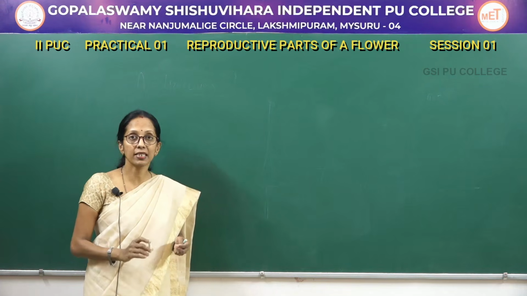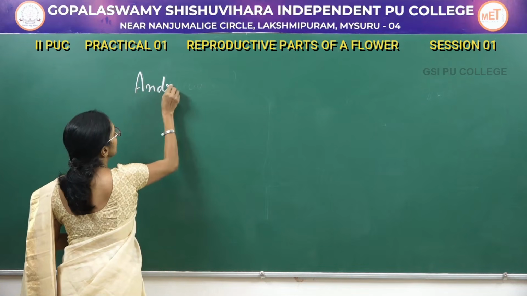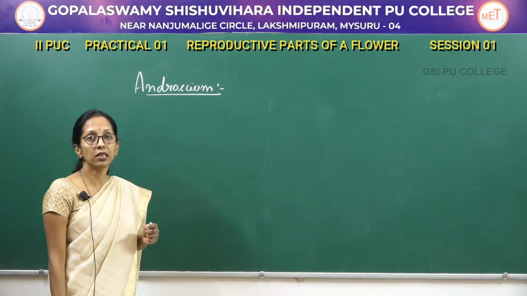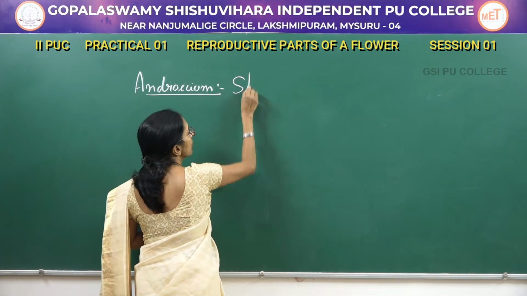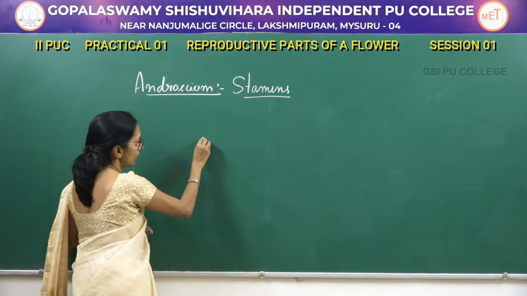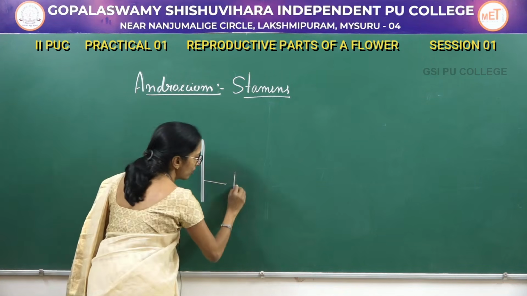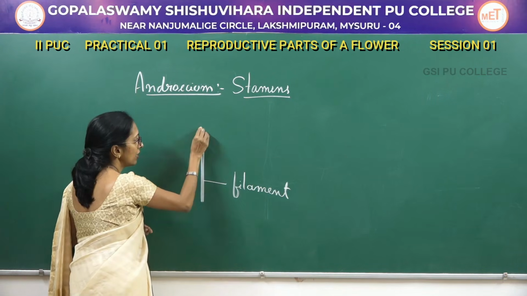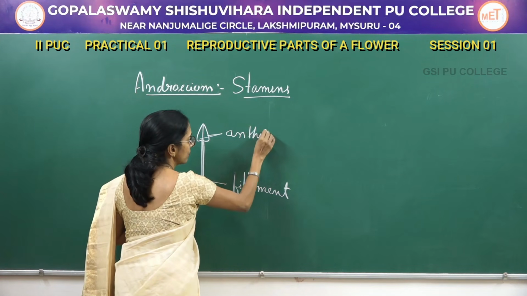Next, we will move on to essential whorls. The first whorl is said to be androecium. Androecium is the third whorl of a flower, and consists of male reproductive structures said to be stamens. So, a stamen is like this: the elongated part is the filament, and the terminal knob-like structures are said to be anthers.